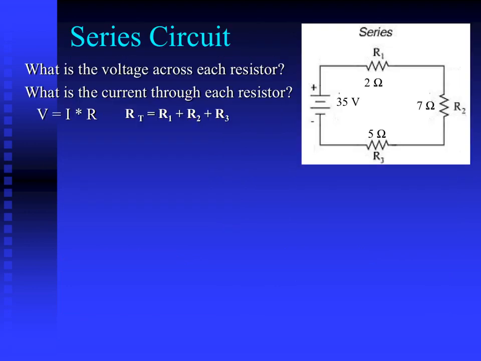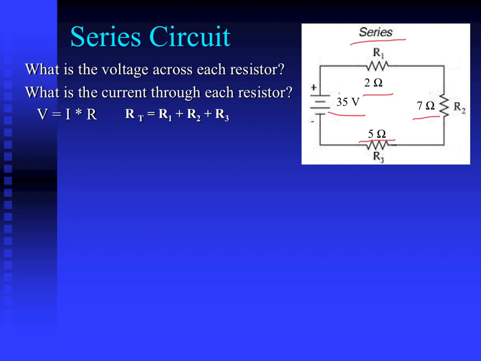Okay, let's look at a series circuit and analyze the current in this circuit. The voltage on our battery is 35 volts. R1 is 2 ohms, R2 is 7 ohms, and R3 is 5 ohms.